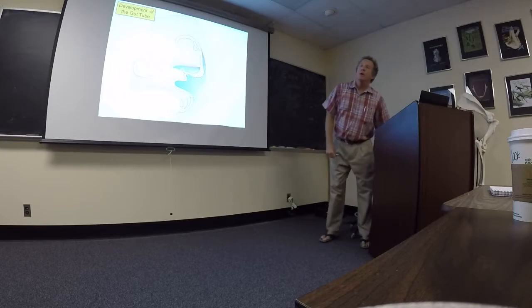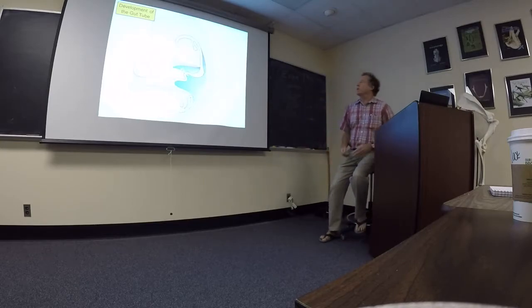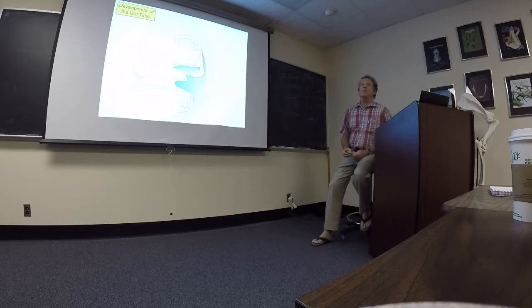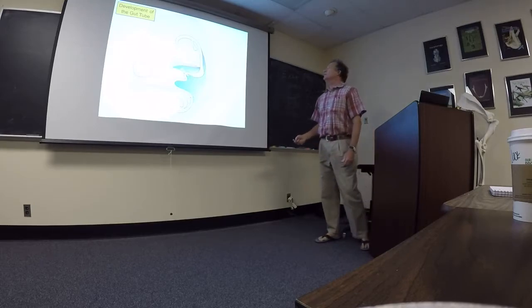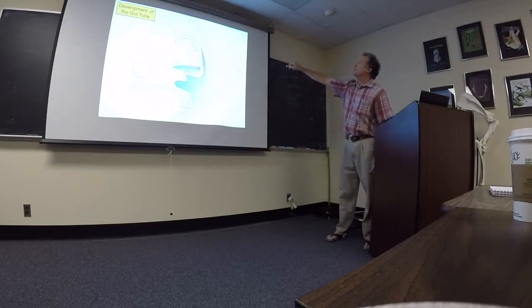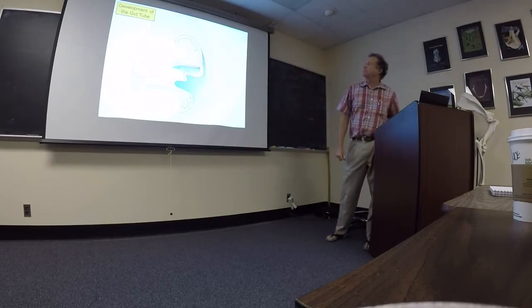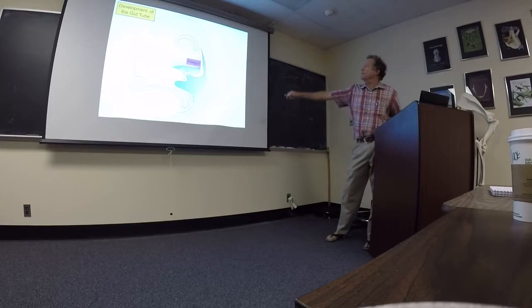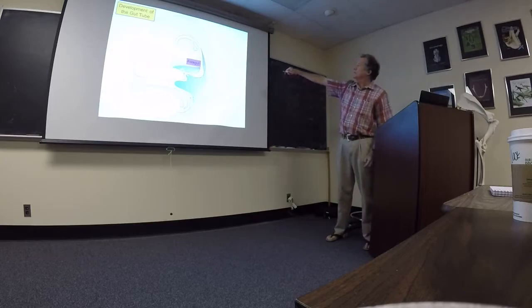Okay, so again, you remember Dr. Wilberg talked about being able to divide the gut tube and the organs associated with the gut tube into a developmental scenario. So right there's the foregut, which is going to be the stomach here and the first part of the duodenum.